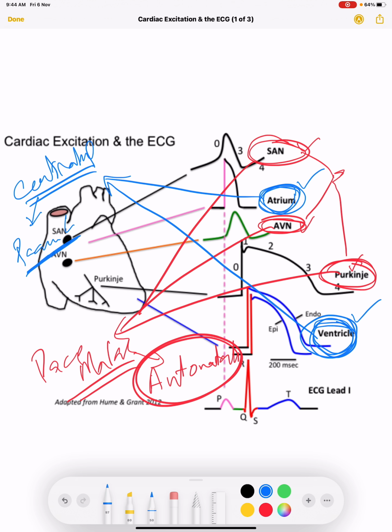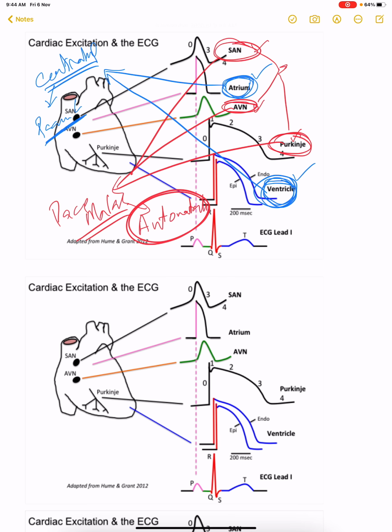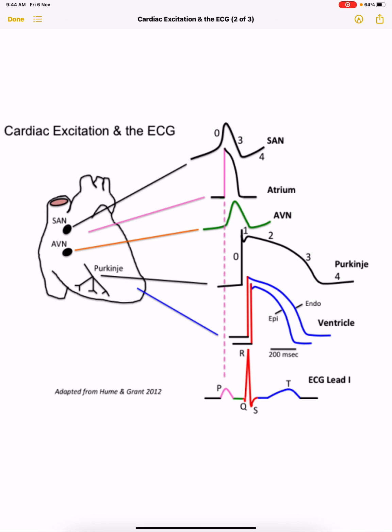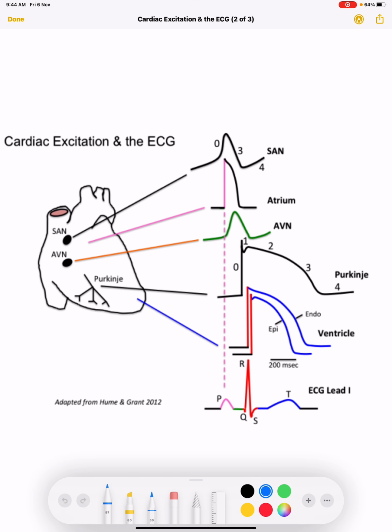Okay, so let's have the next picture. This is the same one. So we have established up till now that we have SA node, AV node, and Purkinje fibers, which have pacemaker potential, which have the potential of automaticity, and which are the conducting tissues of the heart, while atrium and ventricle are the contracting tissue of the heart, which usually don't have pacemaker potential and don't have automaticity.